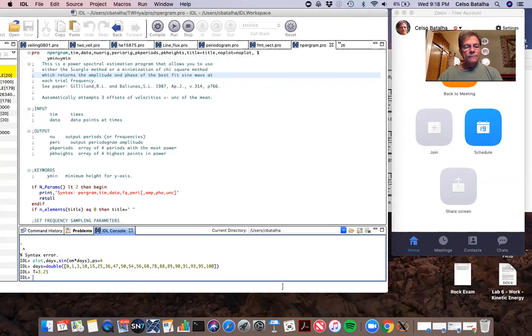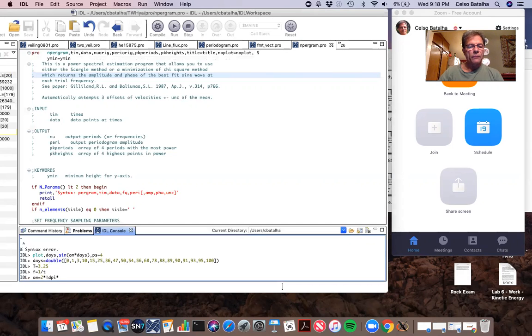But just to be without suspicion here, let's put 3.25 days. So for a period of 3.25 days, the frequency is 1 over the period, right? And the omega, or the angular frequency, is 2 times pi, and I will put a double precision pi, 2 pi f, times the frequency f. So that's our omega, okay?